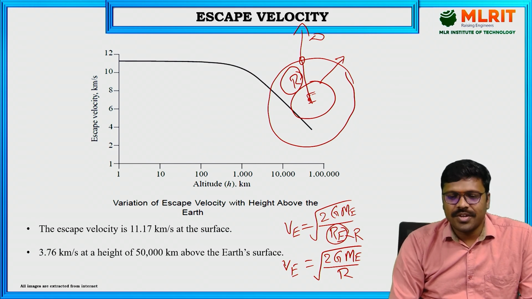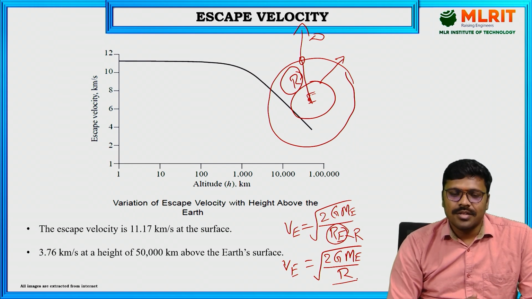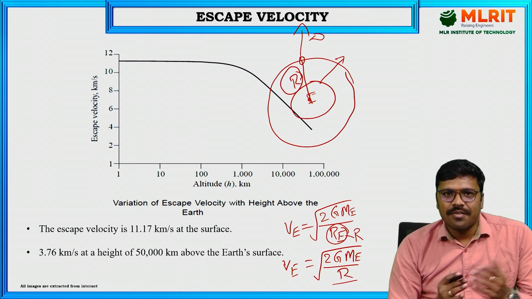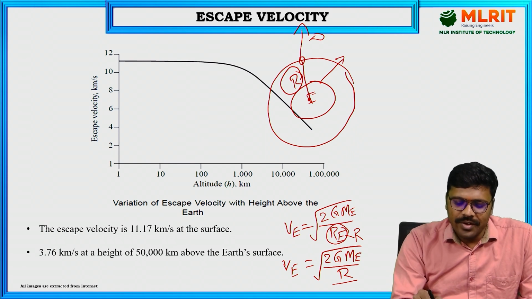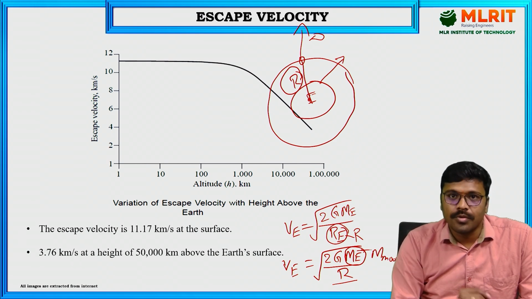So this is the equation for escape velocity from the earth or from an object which is at an orbit radius r. Suppose I want to escape an object from the moon's gravitational field, then simply I will replace the mass of the earth with the mass of the moon. That's it.